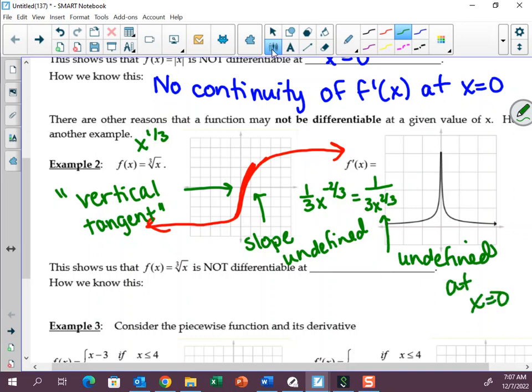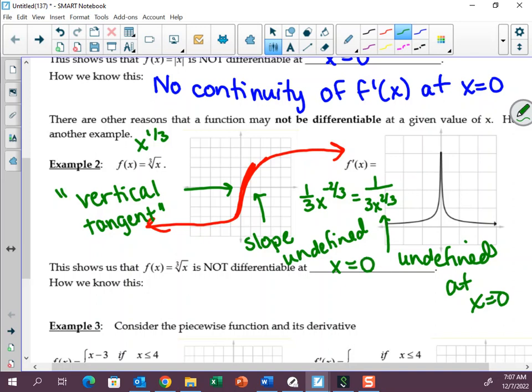That's undefined at x equals 0. We've already given you the derivative graph because we didn't want to go through trying to figure out how to graph that. But you can see, once again, we're going to have a problem. It just happens to be, again, at x equals 0.